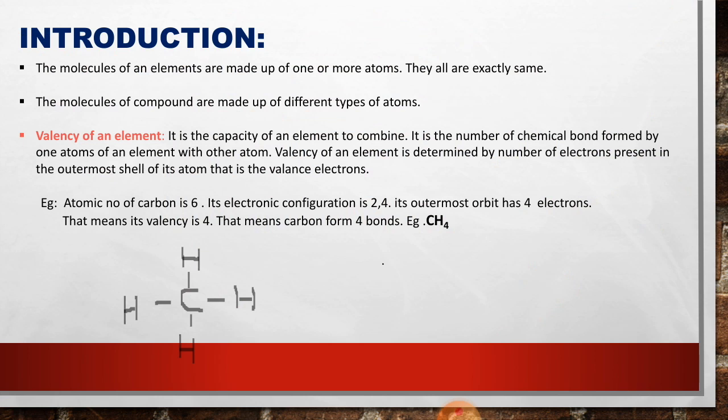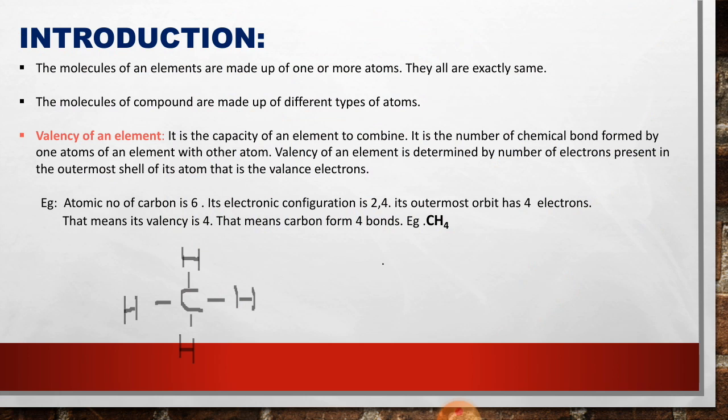It is the capacity of an element to combine with other elements. It is the number of chemical bonds formed by one atom of an element with another atom. Thus, the valency of an element is determined by the number of electrons present in the outermost shell of its atom, that is, the valence electrons.